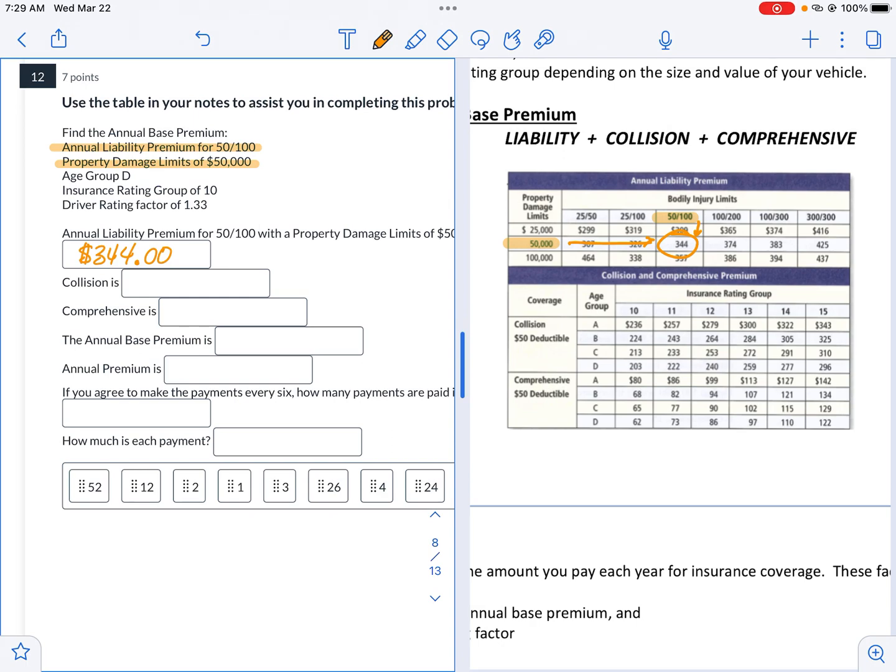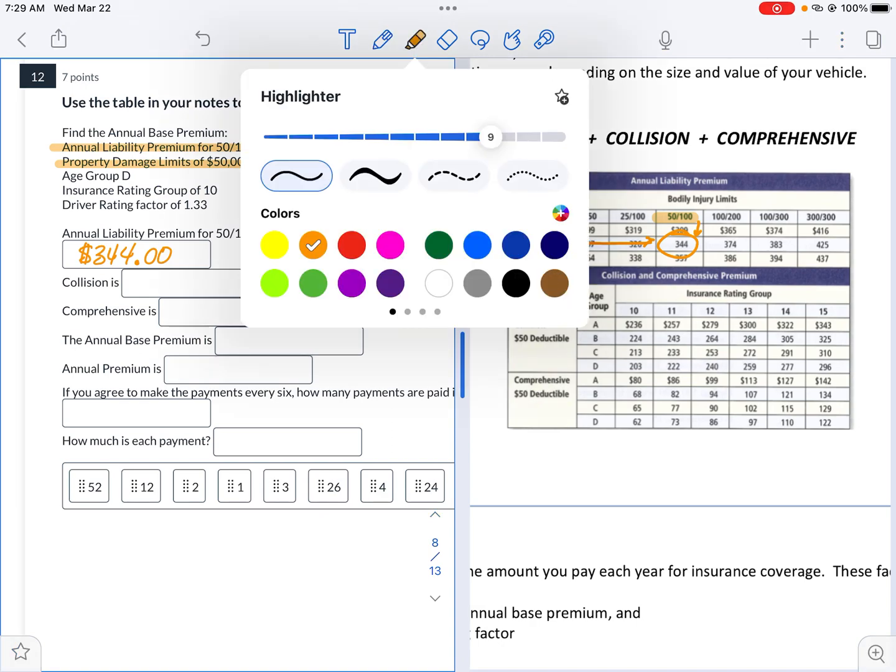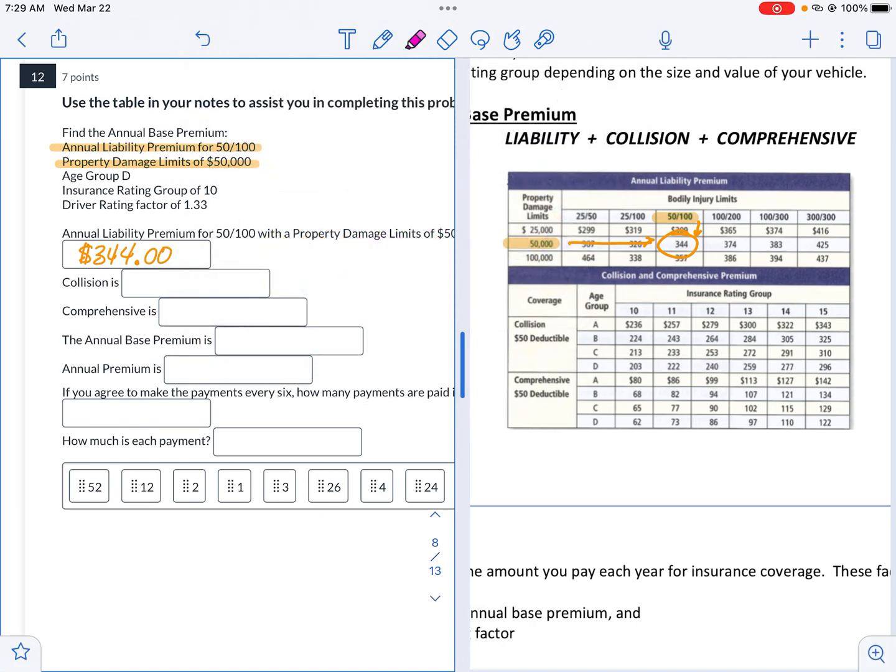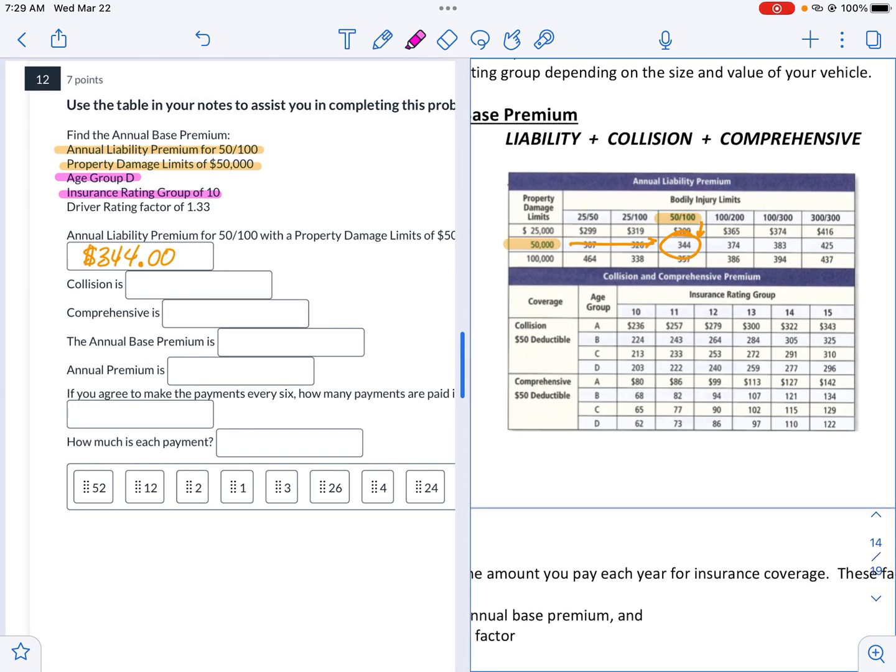Their age group and their insurance rating group is D10. So their age group is D, and their insurance rating group is 10. Okay, so we're going to find the D's. There's the D for collision, there's the D for comprehensive, and we're going to find group 10, which is right here.